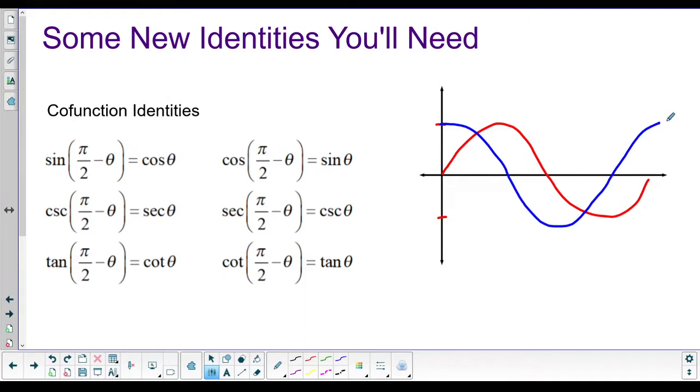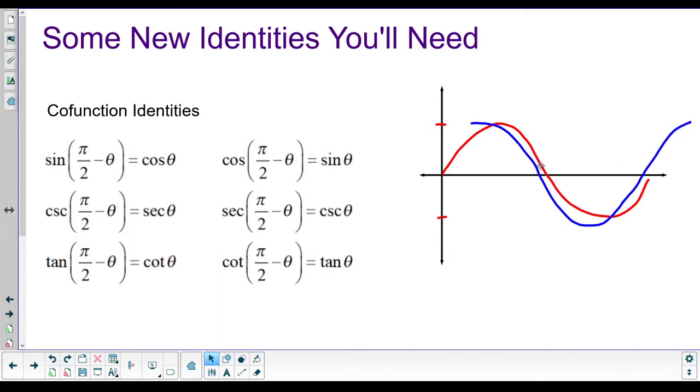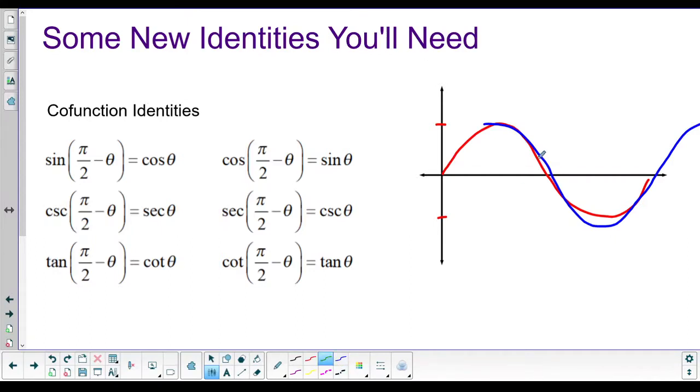If we take the cosine graph and shift it so that this maximum meets up with this maximum, if I were a better artist, do you see how these two things perfectly overlap? Perfectly. 100% perfect.